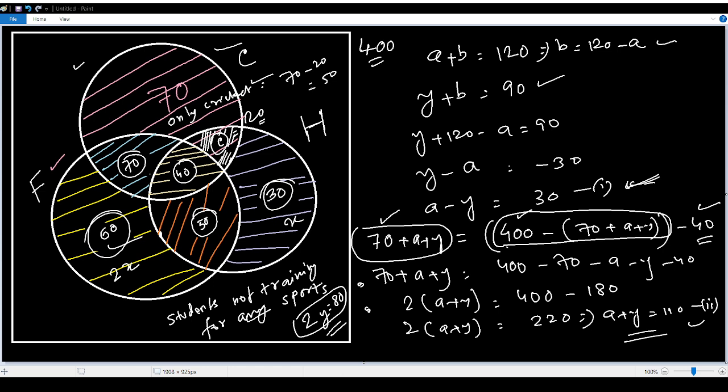So all three sports is 40. So 40 by 400 into 100, that is going to be 10%. Okay, so point difference is what? 25%. Point difference is the difference between the percentages. 25%.